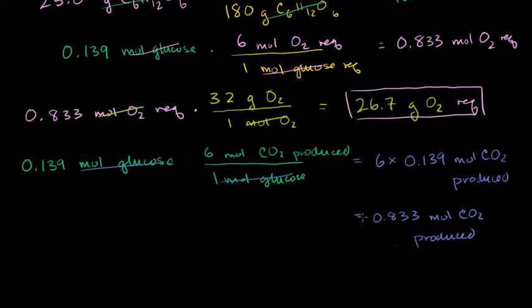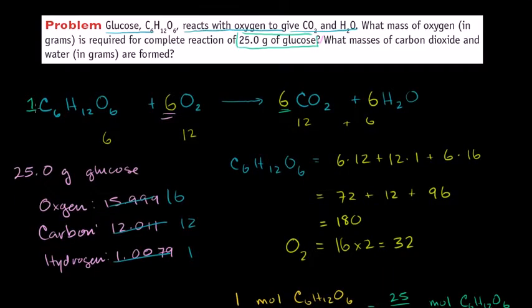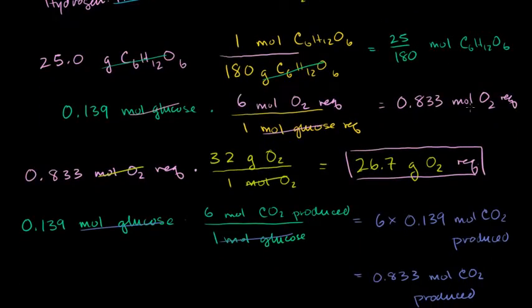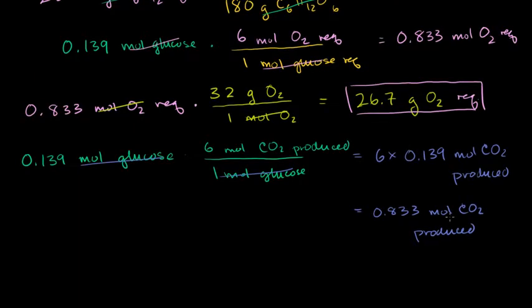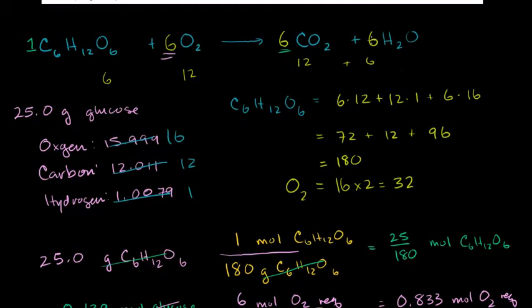And actually, I won't skip too many steps, but we see over here, for every 1 mole of glucose, 6 moles of this, 6 moles of this, and 6 moles of that. So that's why we had the 0.833. We had the 0.833 moles of oxygen, and we're also getting the 0.833 moles of carbon dioxide. If we did the exact same thing, we would perform the exact same calculation.